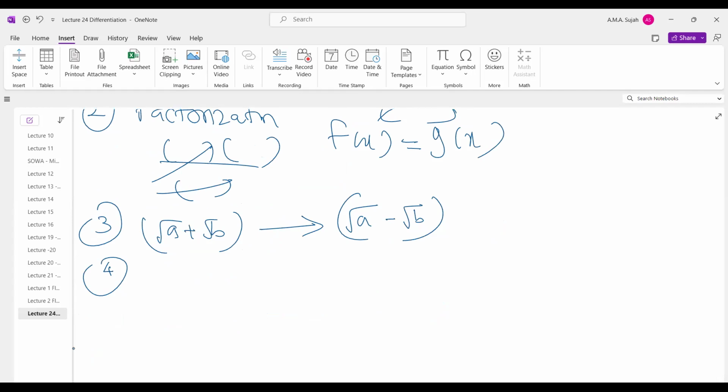The fourth one: if it is a complex function, first you need to simplify the function, then you can apply the limits.